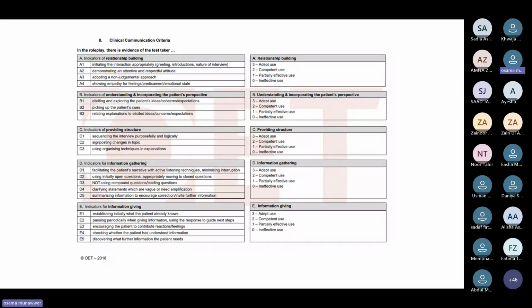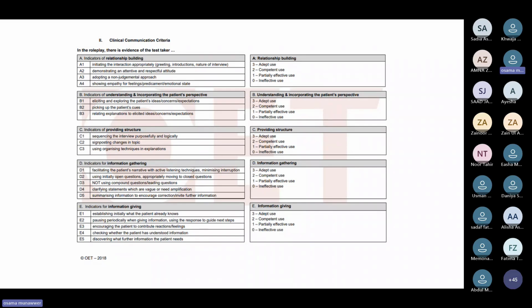And then the patient tells you, for example, he's been having some stomach ache, and he's going to tell you, I've been reading articles and I'm suspecting I might be having cancer. And then B3, they're relating the explanation to elicit ideas. So you just acknowledge, okay, so from what I've gathered, you seem to be having a little concern about your chances of having cancer. So you have acknowledged and you're able to link their words to their main concern. So that's what you're supposed to do.